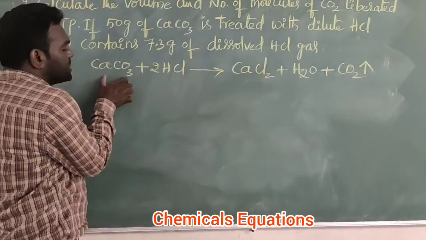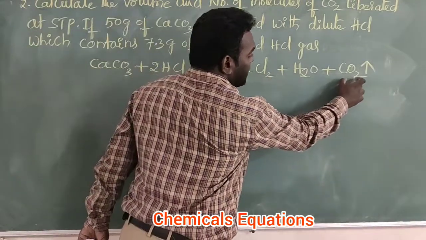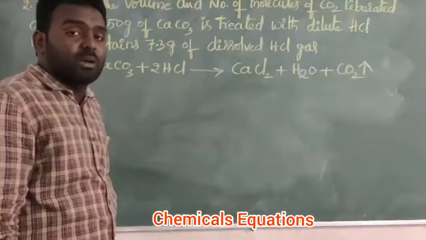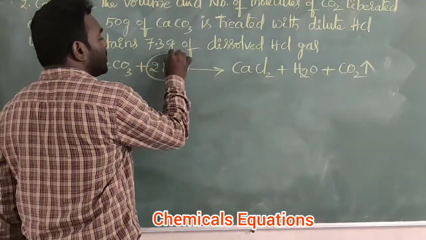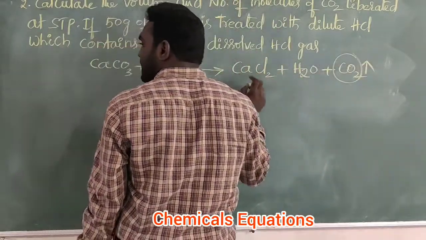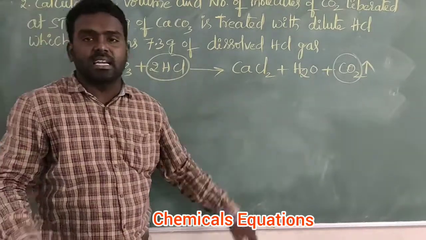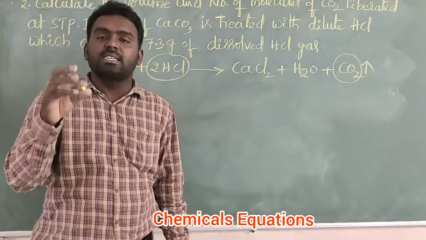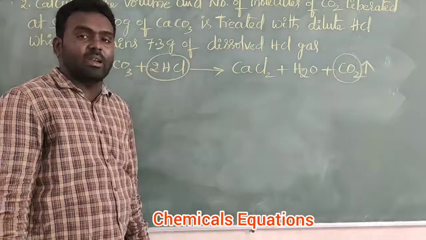Means the calcium carbonate reacts with the hydrochloric acid, then some amount of carbon dioxide gas is released. Here they have given the relationship between hydrochloric acid versus carbon dioxide, so you also concentrate on hydrochloric acid versus carbon dioxide. This is the main relation.